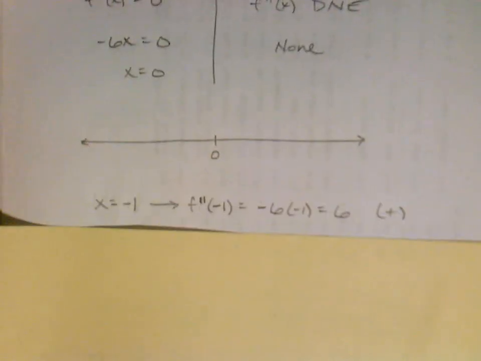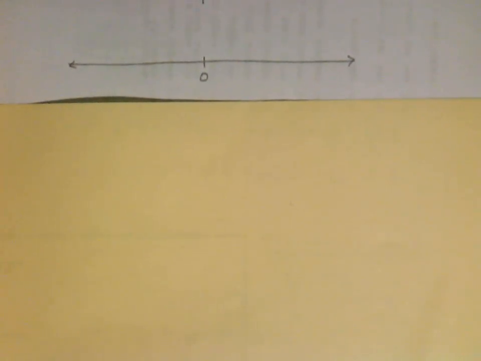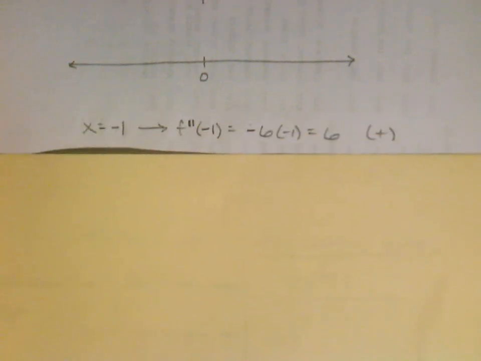And if you remember how this worked in 4.1, same idea, just with the second derivative. We're going to pick one value to represent this interval. We're going to pick another value to represent this interval. We're going to plug them in to the second derivative and see what happens. Okay, so I kept it easy. I chose x equals negative 1 to represent the first interval.